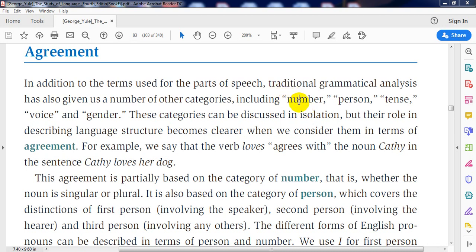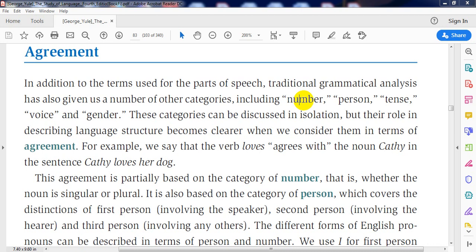We mean by this, for example, in Arabic we say anta, antuma, antum. We have singular anta, dual antuma, and plural antum.